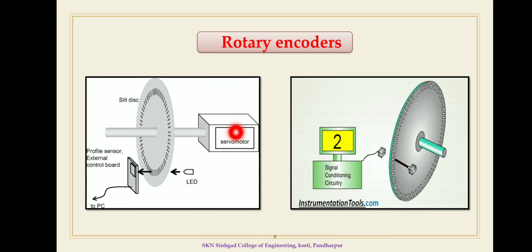The first component is the motor or motor drive. Then the second one is the LED. Third, the rotating disc. Then the profile sensor or control board. These are the four basic components of a rotary encoder.